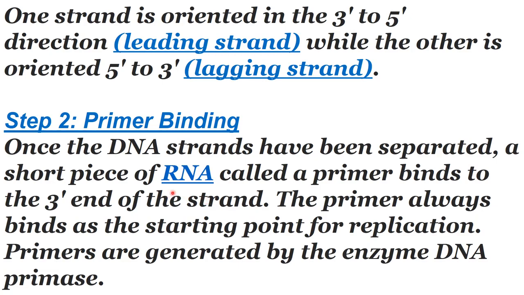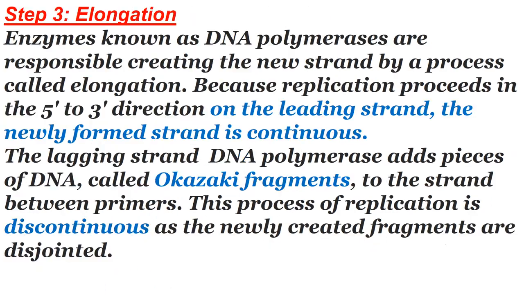So a short piece of RNA is attached at the 3' end of both the strands. The primer always binds as the starting point for the replication. Primers are generated by the enzyme DNA primase, one more enzyme which generates RNA primers.